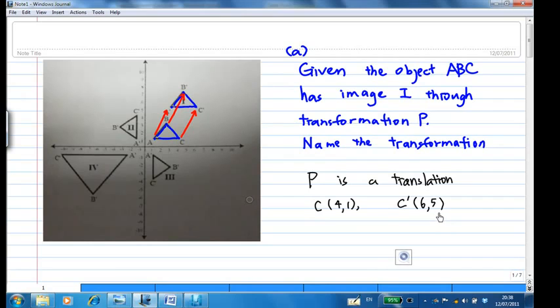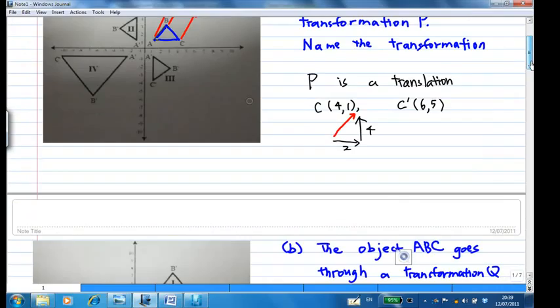Therefore, P is a translation moving to the right 2 units and upwards 4 units. And this will provide you the translation required. This answers part A.